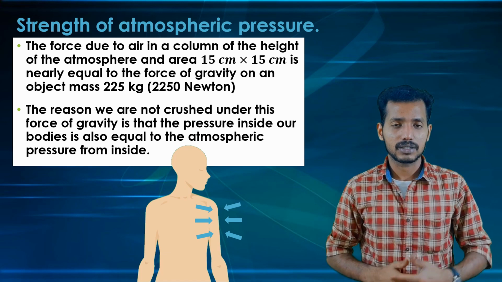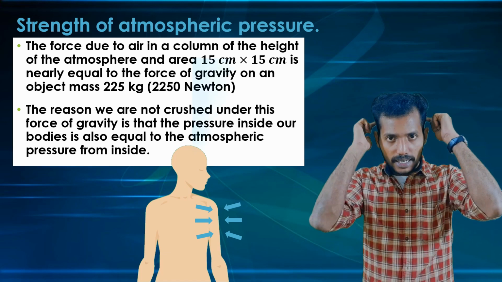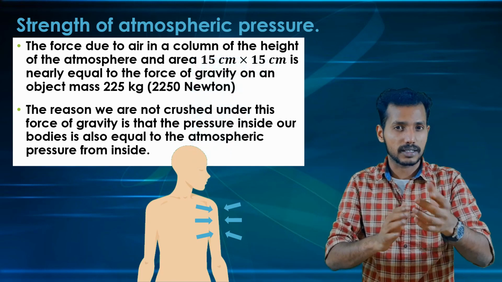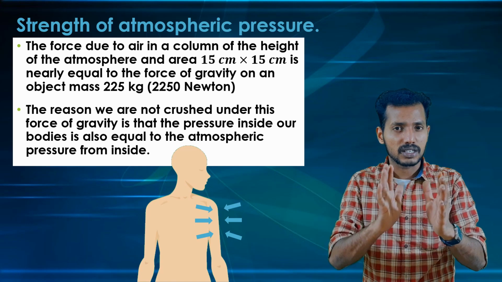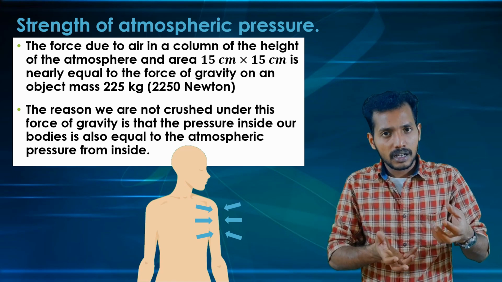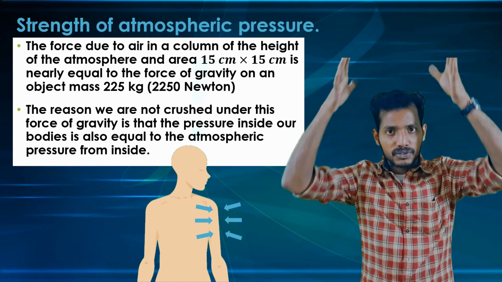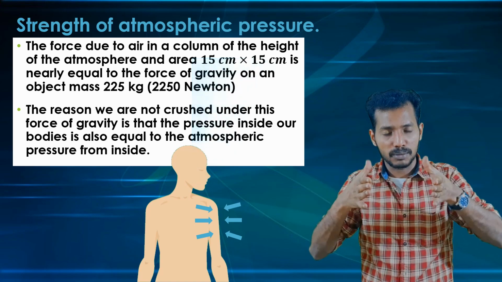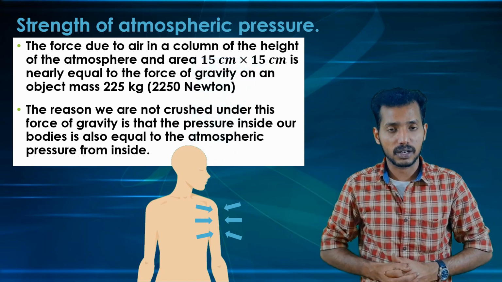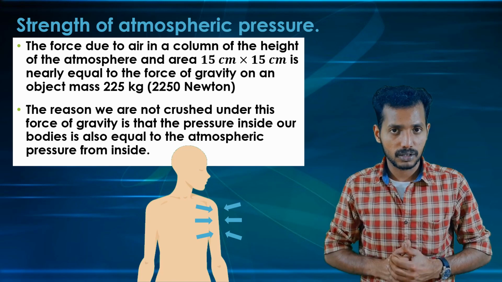Let's discuss the strength of the atmospheric pressure. If you consider the area of your head as approximately 15 centimeter into 15 centimeter, not exactly, then the force exerted by the air in that column of 15 centimeter into 15 centimeter will be equal to the weight of an object of mass 225 kilogram, or we can simply say 2250 Newton.